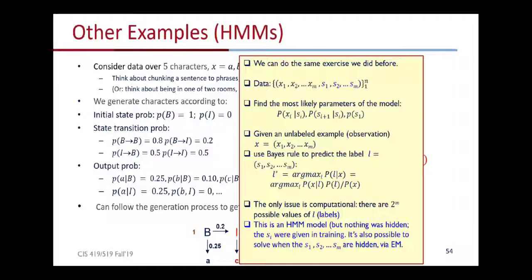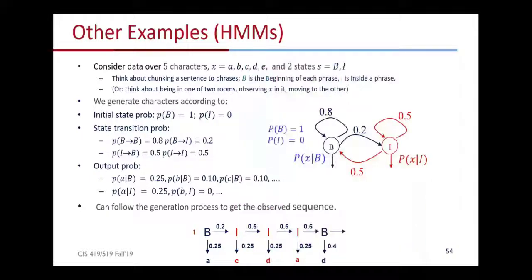The way we are doing it is we are imagining that the way the data was generated is using this hidden Markov model. So first of all, the part-of-speech tag was generated, and given that, a word was generated. And then we moved to the part-of-speech tag of the next word.